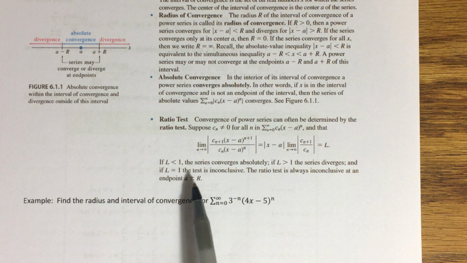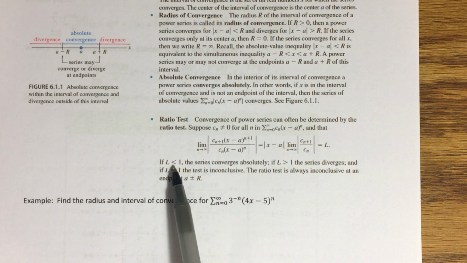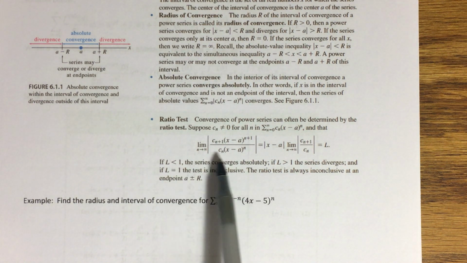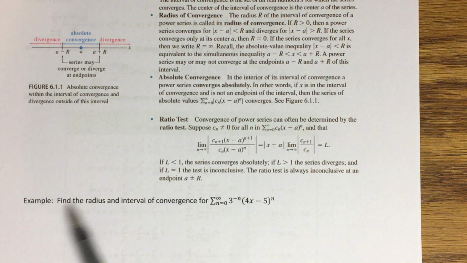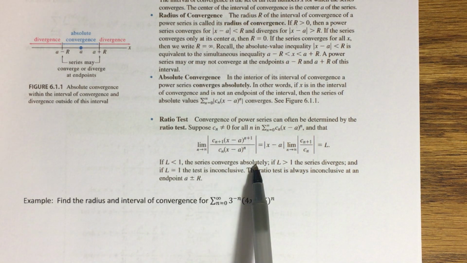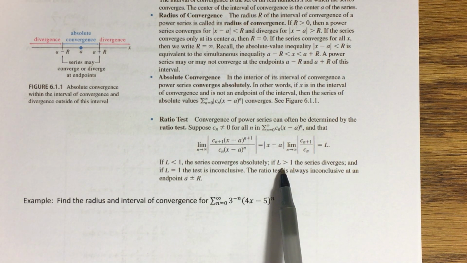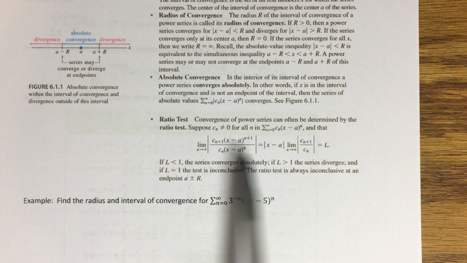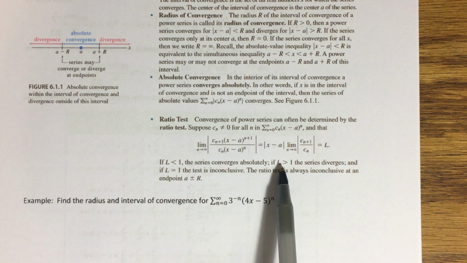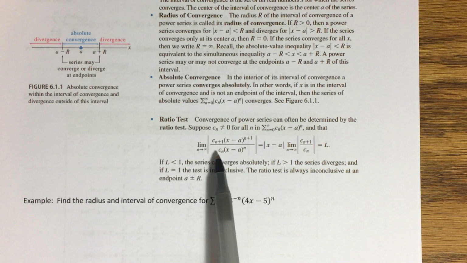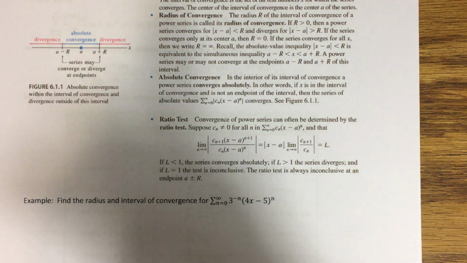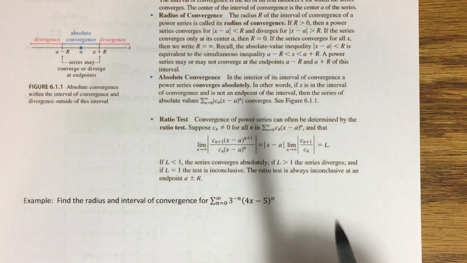The ratio test says that if that limit is less than 1, then the original series is guaranteed to converge absolutely. But if that limit is greater than 1, then the original series is guaranteed to diverge.